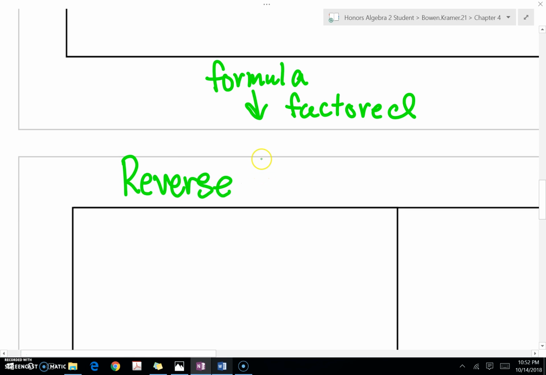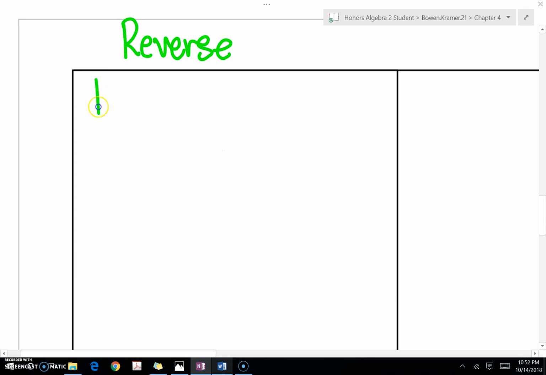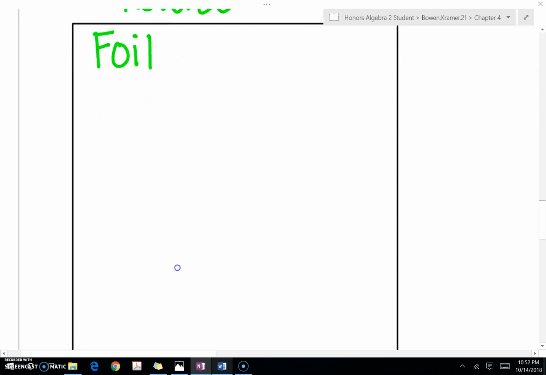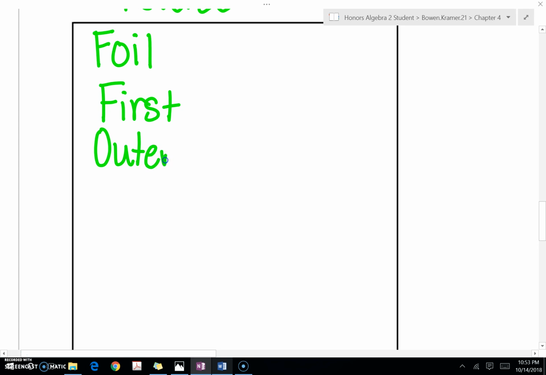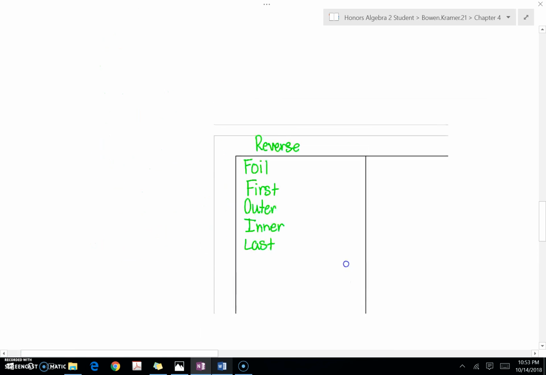When we're reversing this equation type stuff, we're using a tool called FOIL. It's an acronym, and each letter stands for something. The F stands for first, the O stands for outer, the I stands for inner, and the L stands for last. This will make better sense once I get into it.